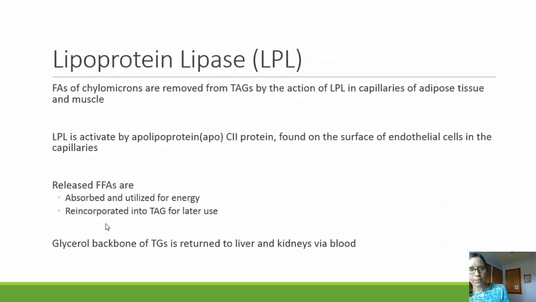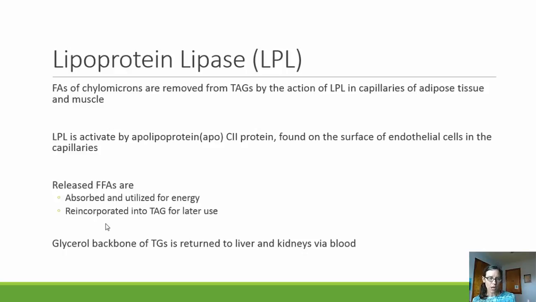Before I continue on and talk about how we get to these other types of lipoproteins, I first want to talk about an important enzyme that we're going to see throughout our discussions on lipids, and that's called lipoprotein lipase.